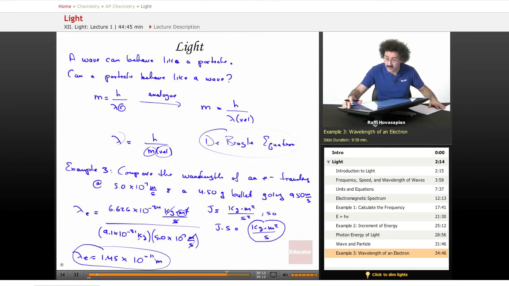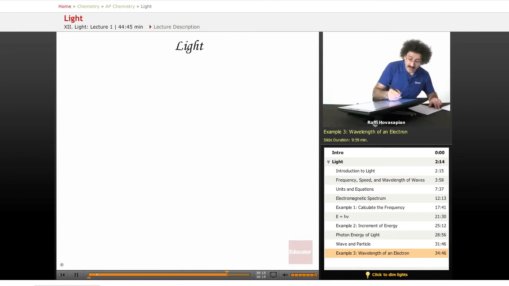So now let's go ahead and do the wavelength of the bullet. So the wavelength of our bullet is equal to 6.626 times 10 to the negative 34 kilogram meter squared per second divided by the mass, which again has to be in kilograms.